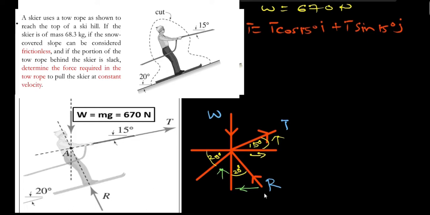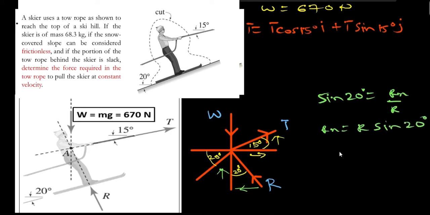If you want to find the x component, it is opposite to this angle, so sine of theta, which is 20 degrees, equals the opposite, which is Rx, over the hypotenuse, R. So Rx becomes R times sine of 20 degrees.